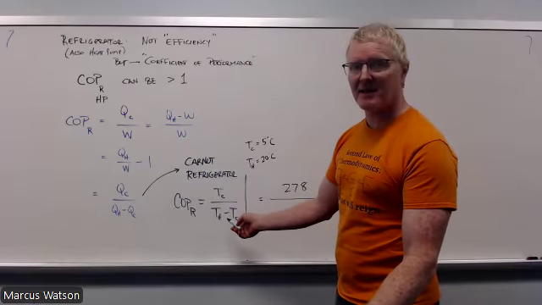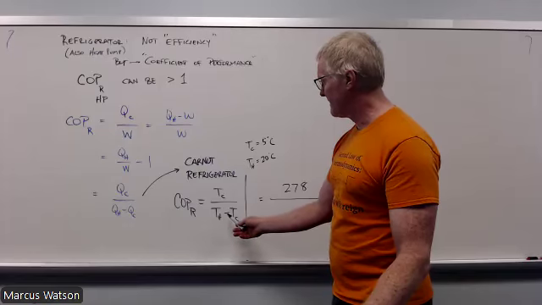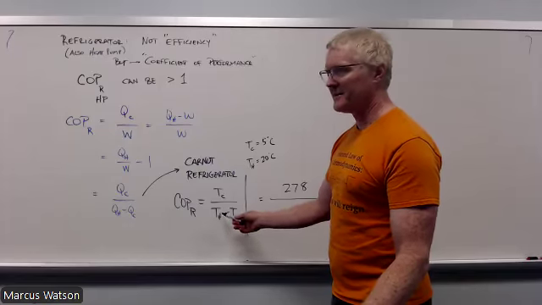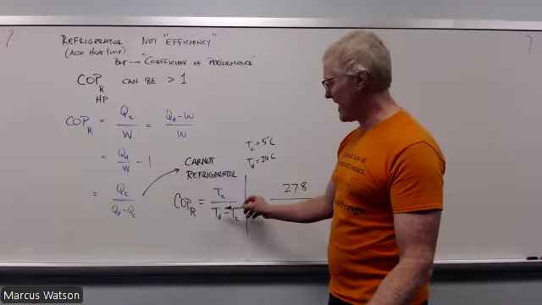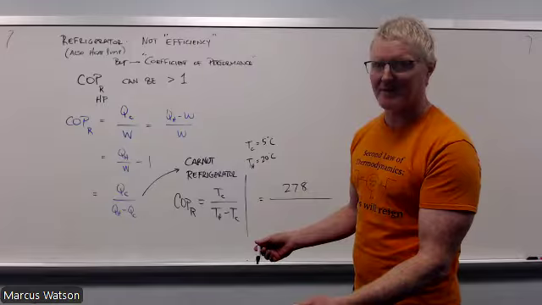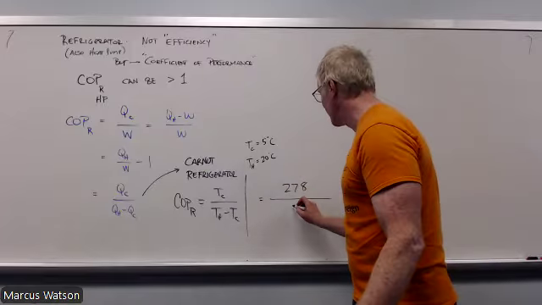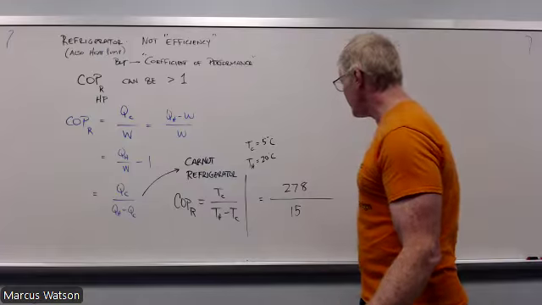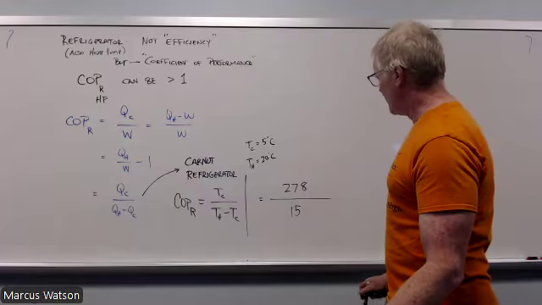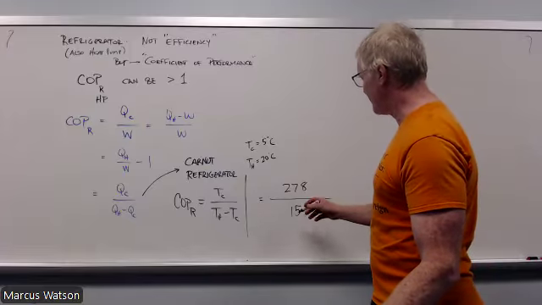It's okay to actually do that in centigrade, because if I add 273 to this and I add 273 to this, they're just going to go away anyway in the difference. So this is a difference of temperatures, so this is going to be 15. I can do it that way.